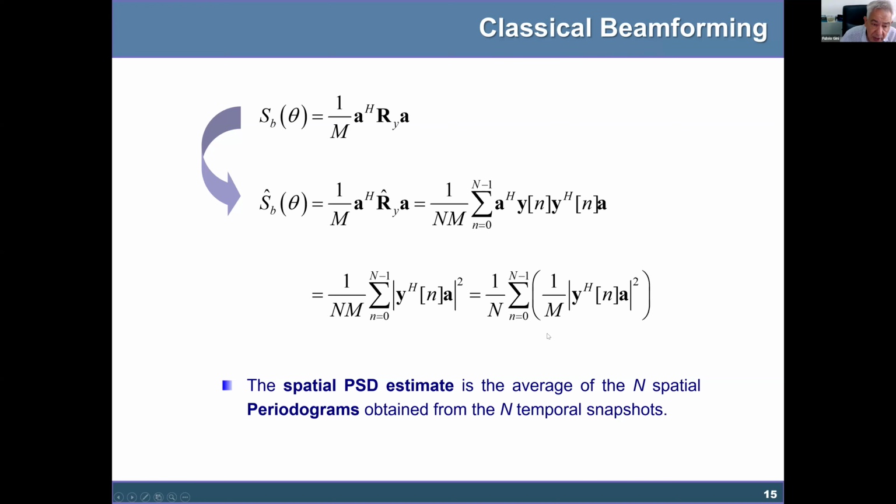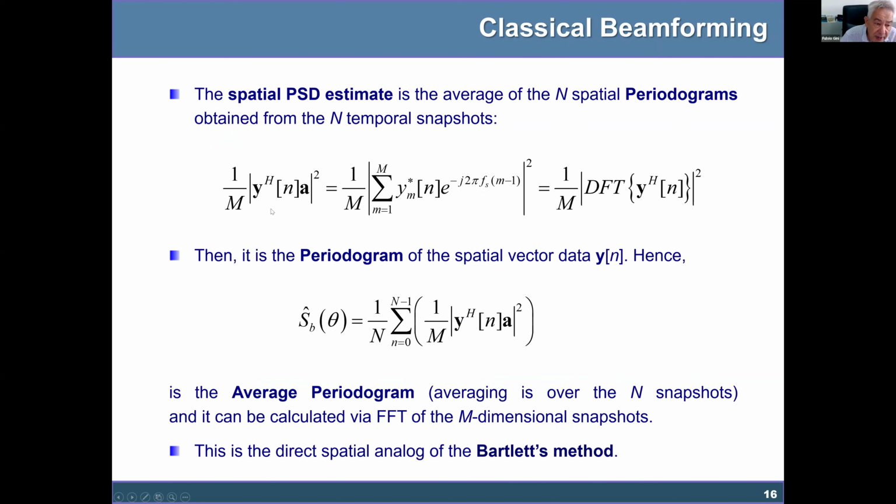Now, if the array is a ULA, so it's a uniform linear array, this relationship, which is general, becomes a discrete time Fourier transform, because the elements of this array response A become a complex exponential at the spatial frequency Fs, which depends on the direction of arrival.